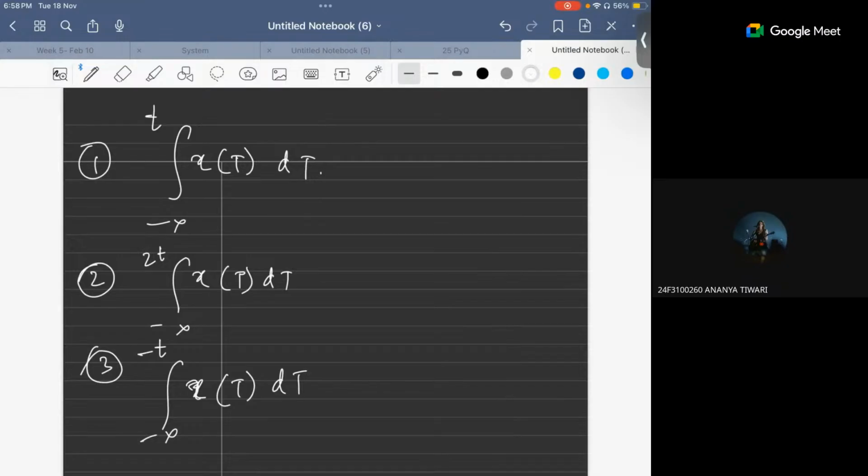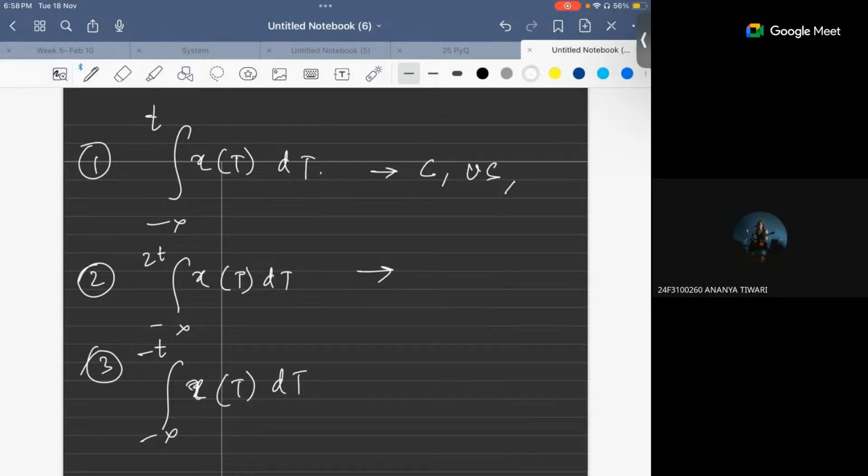Tell me. Static and causal. Static? Causal is fine. Static or dynamic? Unstable for sure. What about this one? Non-causal.